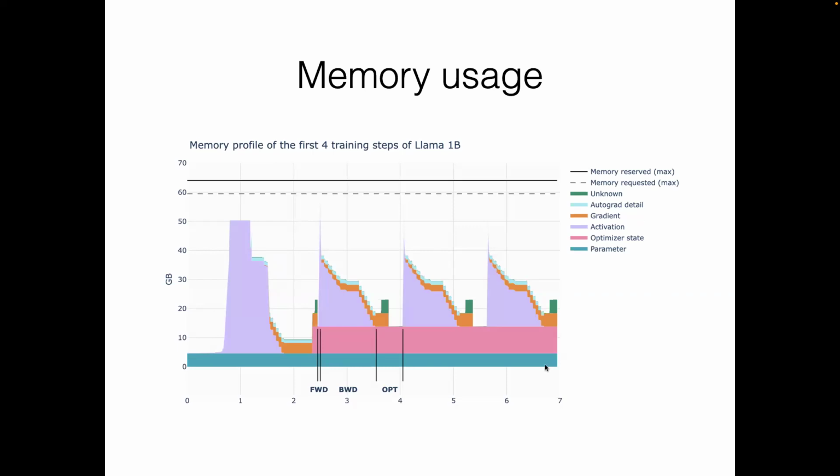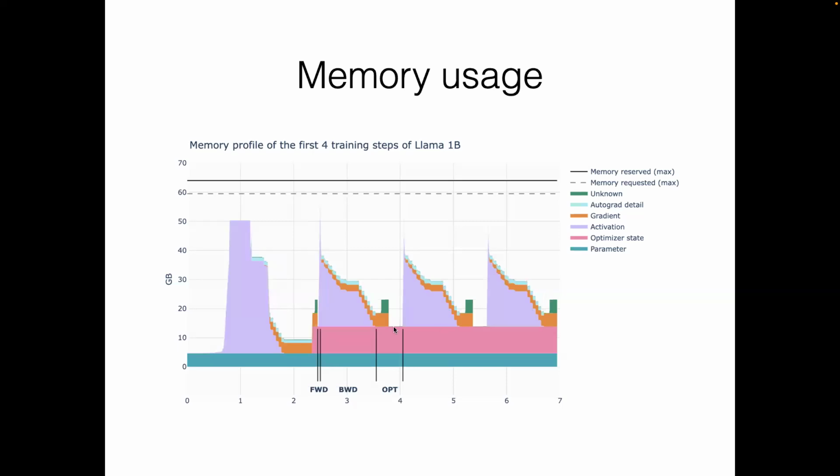Here we have the parameters, which are loaded in the entire time. We have the optimizer states, which maybe initially are not initialized yet. Then you have the gradients in orange and the activations here. And then there's some unknown, some other stuff.